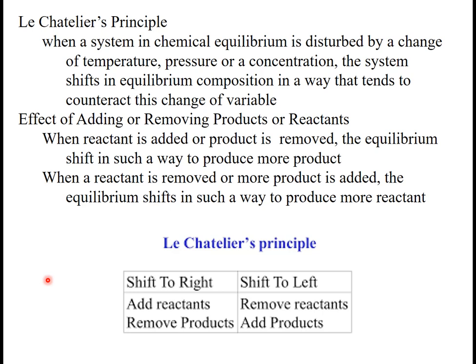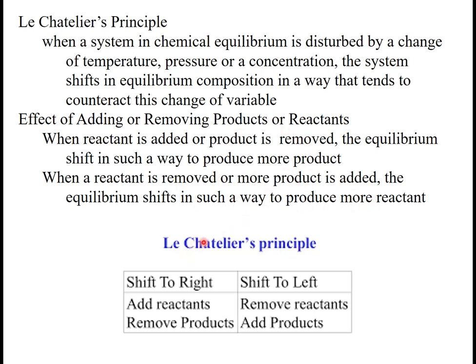So the first one is, this is the way that the book states it. When a reactant is added or a product is removed, the equilibrium produces more product. When a reactant is removed or more product is added, it shifts to produce more reactant. I find this confusing.